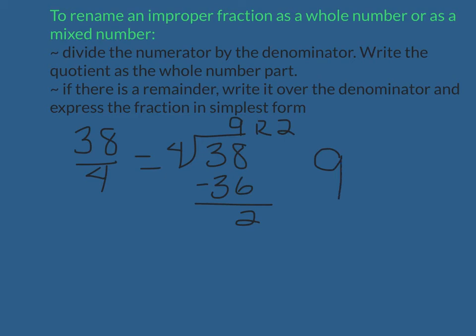Now we do have a remainder, so that's 2, and we put it over our denominator from over here, 4. So 9 2/4. Now it says that we need to make sure that this is in simplest form. So we know our 9 stays the same. 2/4, I know that 2 goes into both of those. So 2 divided by 2 is 1, and 4 divided by 2 is 2. So it would be 9 and 1/2.